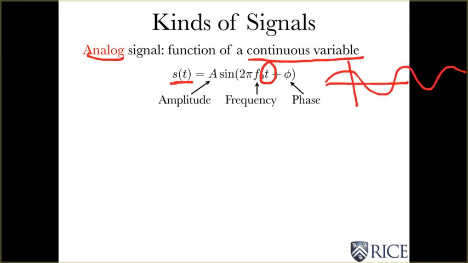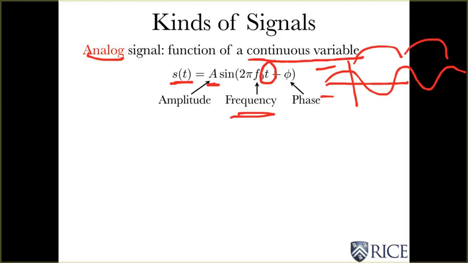The sinusoid, the sine wave, is governed by three parameters. First is the amplitude, which determines how big the signal is. The frequency, f0, determines how often the peaks occur. If I were to whistle, that turns out to be an acoustic sine wave, at least approximately.